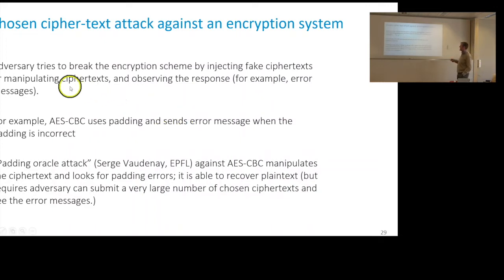One of the attacks consists in trying to break the encryption scheme by injecting fake ciphertext. So assume you don't know the key, but you have the software, because AES, for example, is software that everybody can have. So if I give you a message, you can try to decipher it.